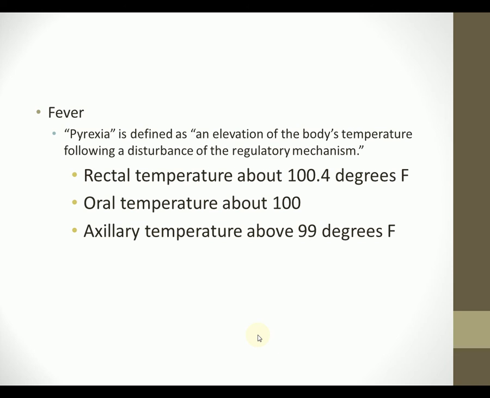which will result in fever, which is also known as pyrexia, an elevation of the body's temperature following a disturbance of the regulatory mechanism. Rectal temps, oral temps, and axillary temps, the book gives you a definition of those. Now, if you'll refer back to page 112, because that was something that we went over when we were asking questions about who wants to be a pediatric growth and development specialist.